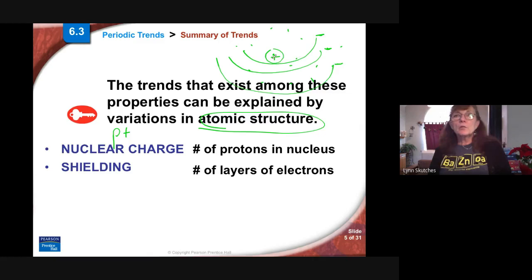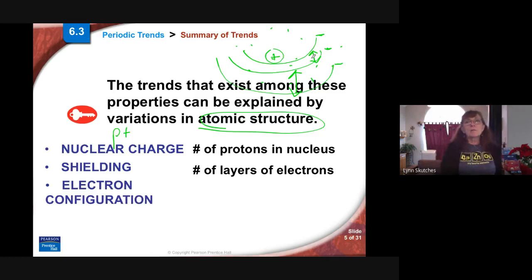So negatives attracted to positive, but negative repels other negatives. Okay, so these layers of electrons create literal force fields, electrostatic force fields, blocking other electrons from being attracted to the positive nucleus.